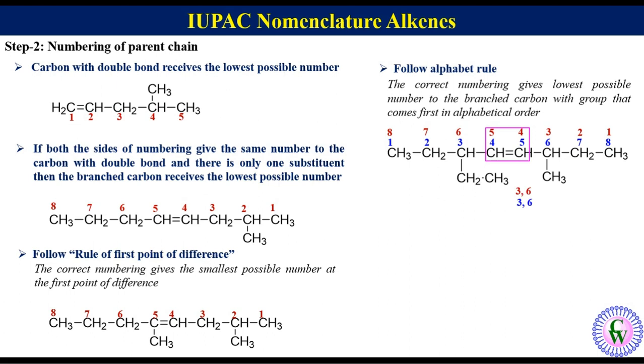So here we have to follow alphabet rule. In this molecule, the two substituents are ethyl and methyl. Since ethyl comes before methyl in alphabetical order, the numbering starting from left to right will be the correct one, as it gives lower number to the branched carbon bearing ethyl group.